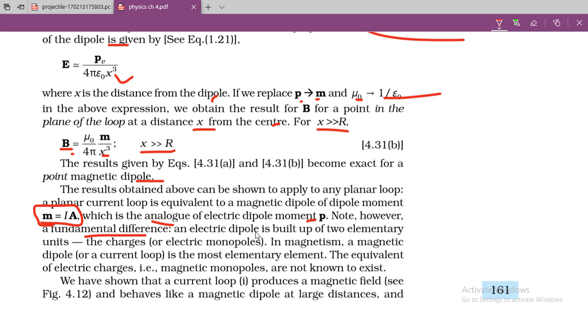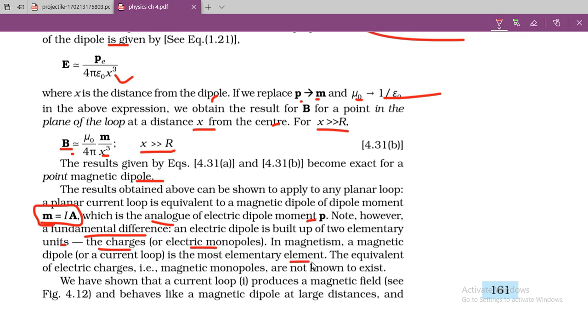An electric dipole is built up of two elementary units, the charges, or electric monopoles. But in magnetism, a magnetic dipole or a current loop is the most elementary element.